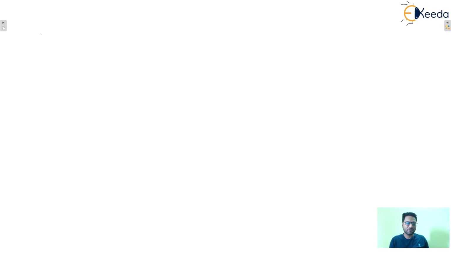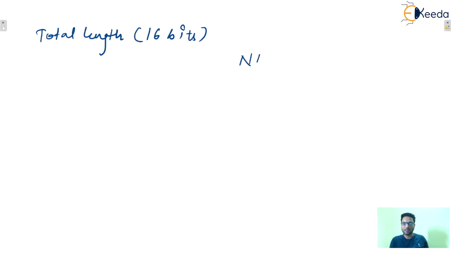Next field is the total length field. The total length field is of 16 bits. Inside the network layer, any packet is known as what? Datagram.